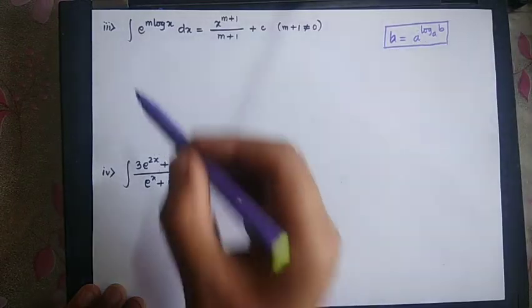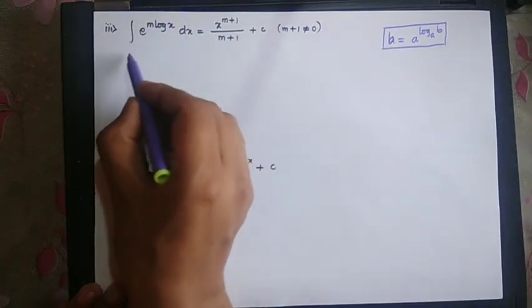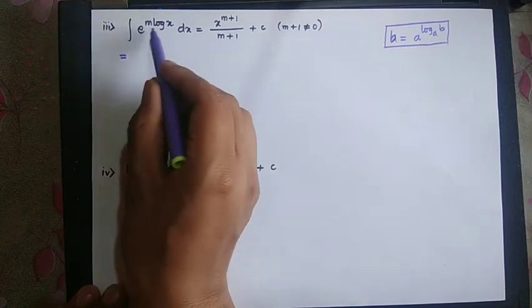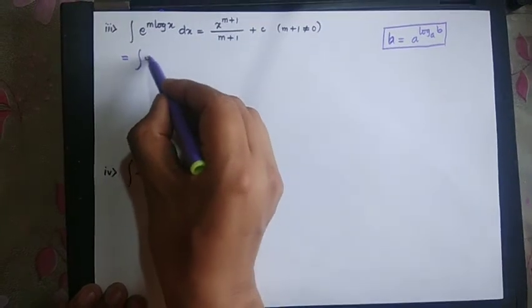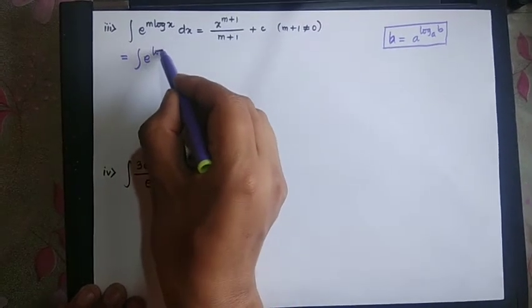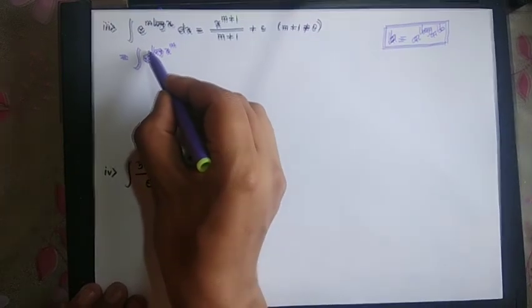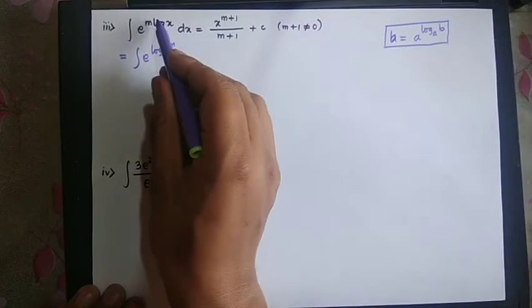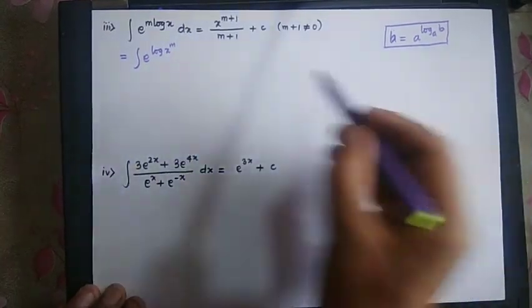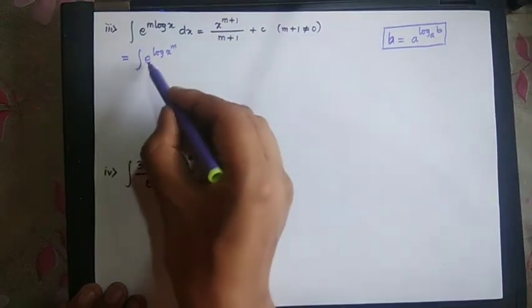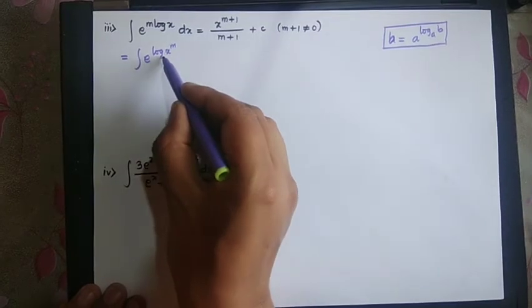So what I can do here is write this equals to e to the power log x to the power m, because this m ultimately comes in front, so that I get back the same thing. Now this is like b for me, this is my a for me, and the base is also e here.